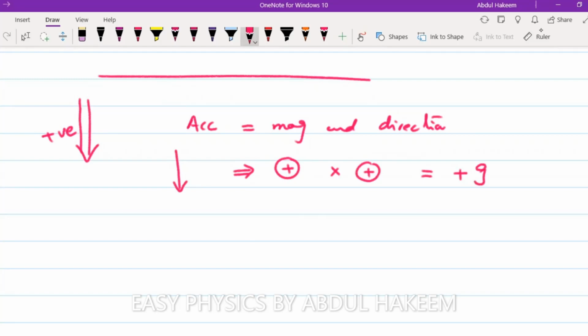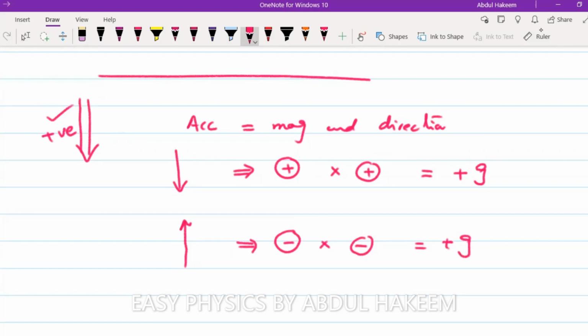But if the object is thrown up and the positive direction is downward, then for the upward journey, the magnitude of the velocity decreases, and this direction upward with respect to the given direction is negative. But do remember, this concept is not used in the equation, because equations deal only with the magnitude, not with the direction.